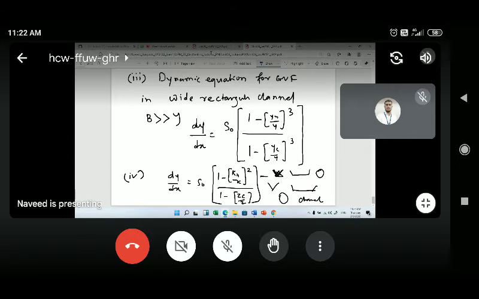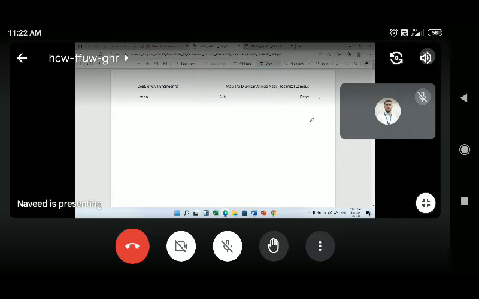Today we will see the surface profile, how to get the shape of the particular type of profile for a given slope. For example, if a given slope is mild, then it is denoted by the letter capital M. And as we have seen in the previous lecture and yesterday, there are three zones.